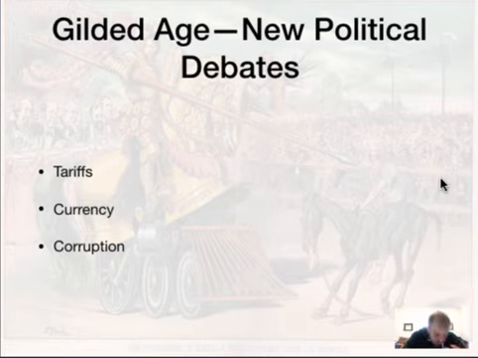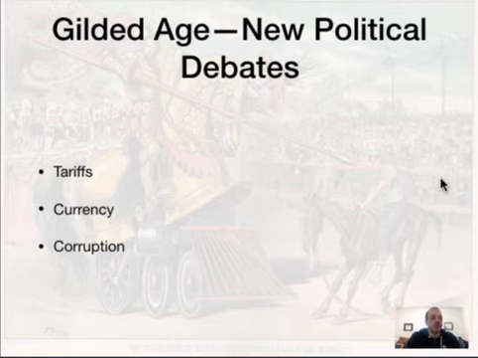This is known as the spoils system. But what that led to was a lot of unqualified people serving in the government's bureaucracy. As government gets bigger and government is required to do more, there's more and more of a need for qualified people in government. We would need to change the spoils system for that to work.